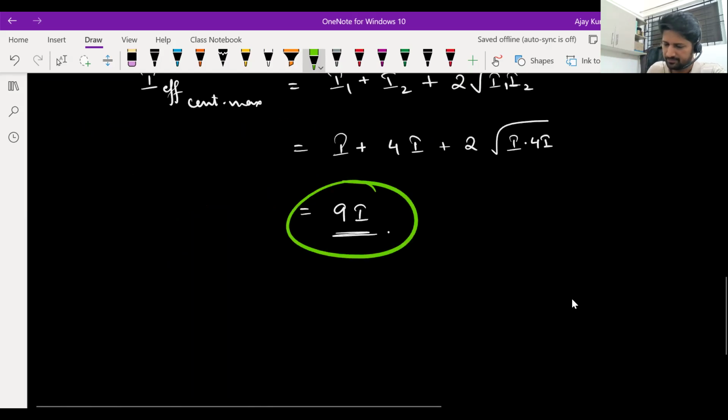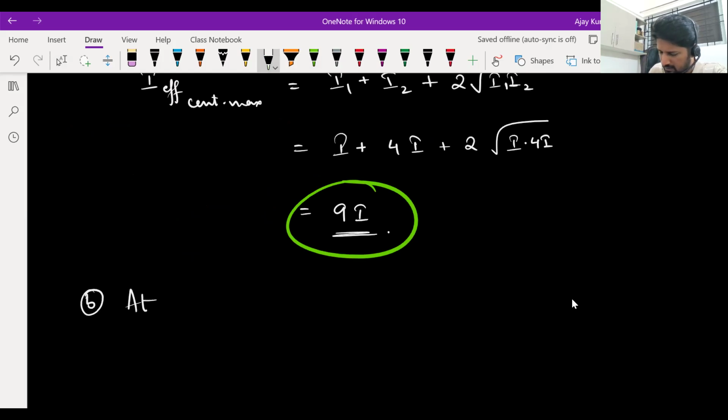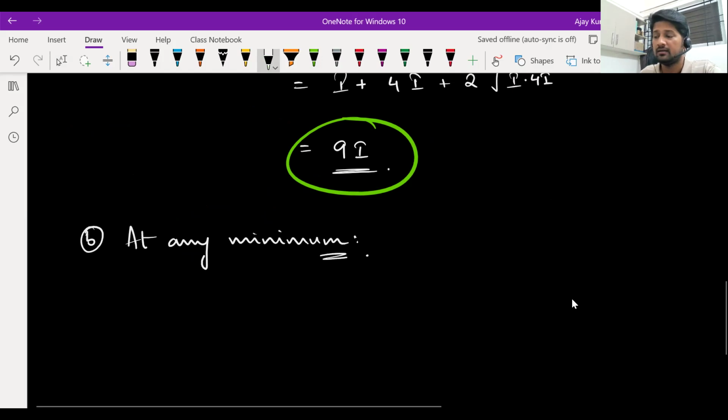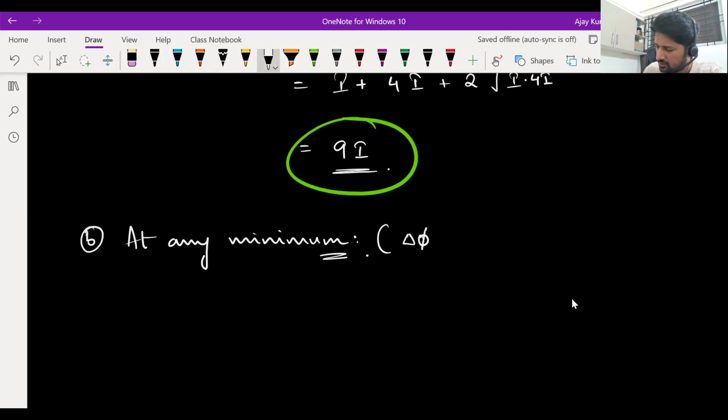Next, at any minimum, meaning a point on the screen where the waves undergo destructive interference, the phase difference should be pi or 3 pi or 5 pi and so on, basically odd multiples of pi.